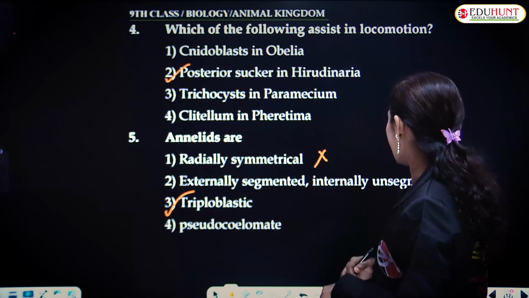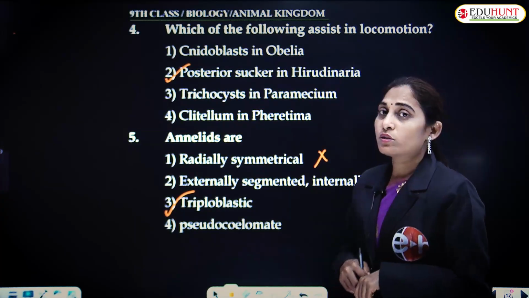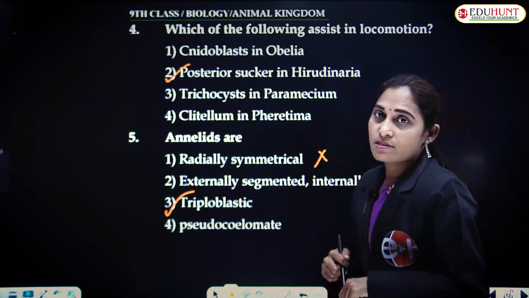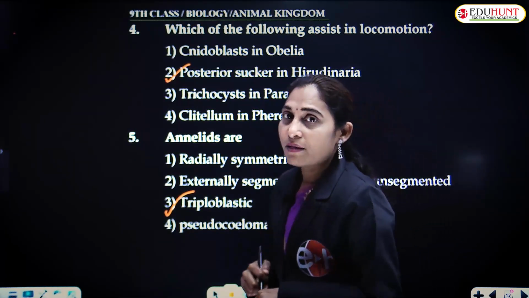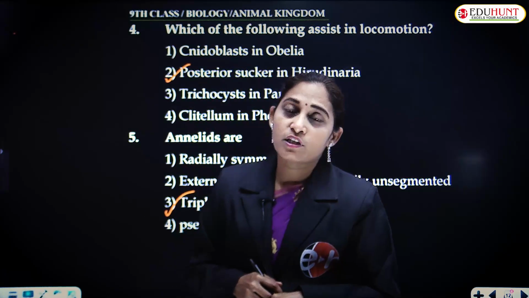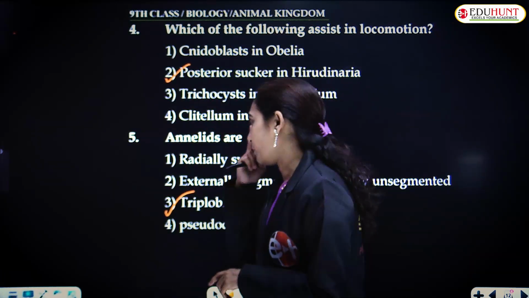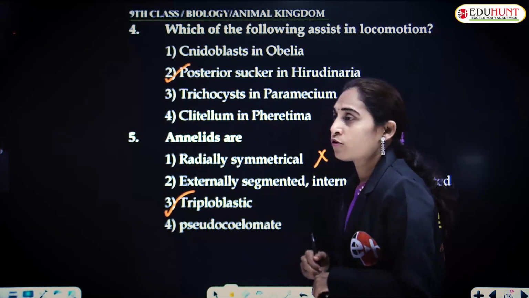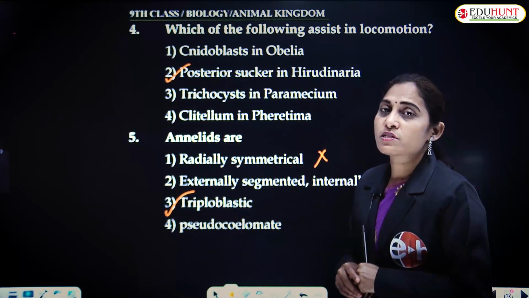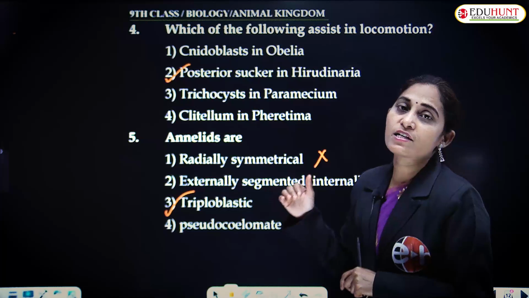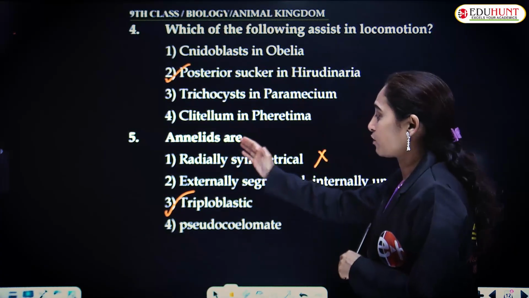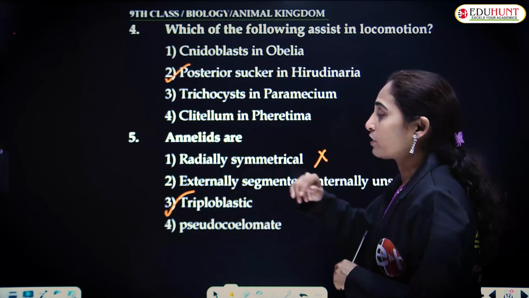Externally segmented, internally unsegmented? No. Both external and internal segmentation is present. Triploblastic, because they develop 3 germinal layers: ectoderm, mesoderm and endoderm. Pseudocoelomate? No, from this phylum onwards the true coelom develops. This is the first phylum having true coelom. So the correct option here is the third option.